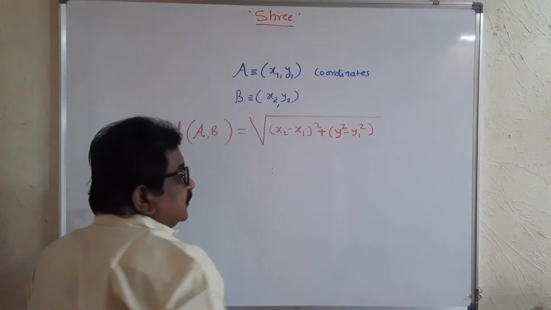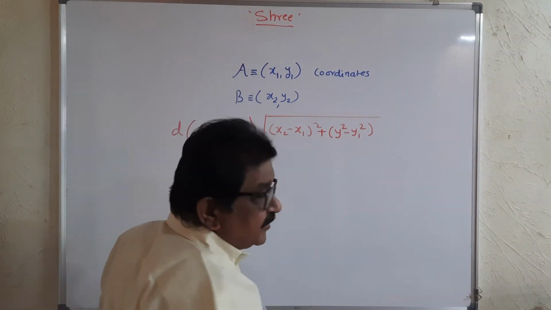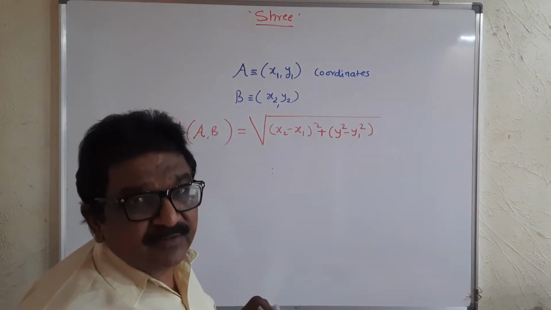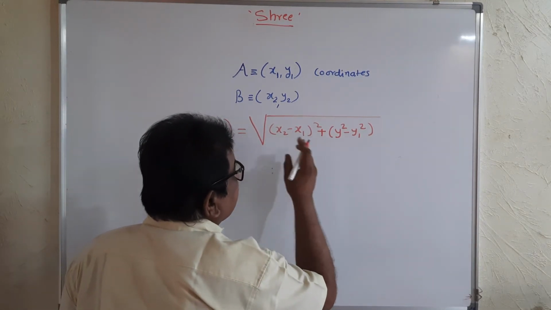This is a minus b the whole square, and this is also a minus b the whole square. Then you have to expand and find the values.